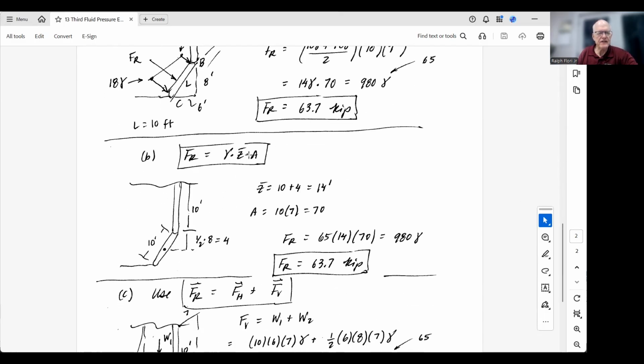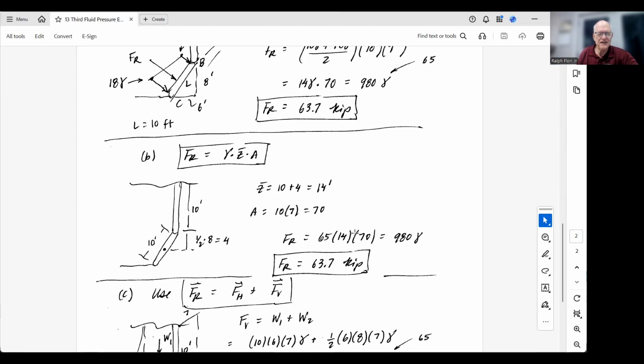We can use the gamma Z bar A formula. So the Z bar is 10 plus half of 8, which is 4. So Z bar is 14 to the center of this plate. The area is 10 times 7, which is 70. Gamma is 65.